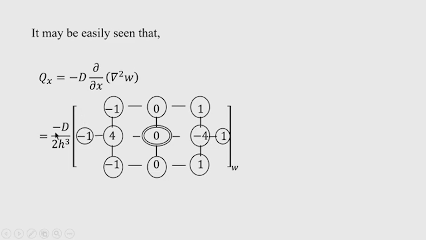So Qx is now minus D by 2h cube, and in the horizontal line centrally you get minus 1, 4, 0, minus 4, 1, minus 1, plus 4, 0, minus 4, 1. You can note here that the values are antisymmetric: towards the right it is minus 4, but towards the left in the corresponding location it is plus 4. Similarly in the other rows, minus 1 and plus 1.